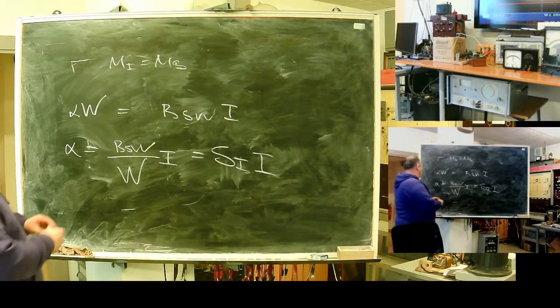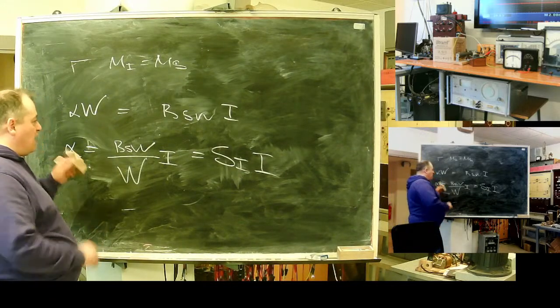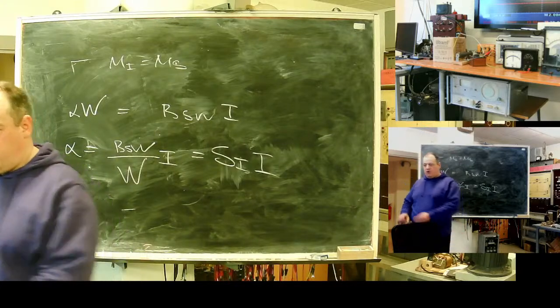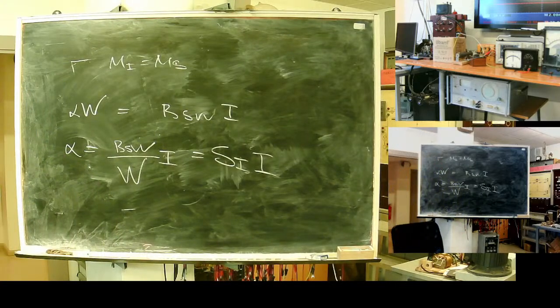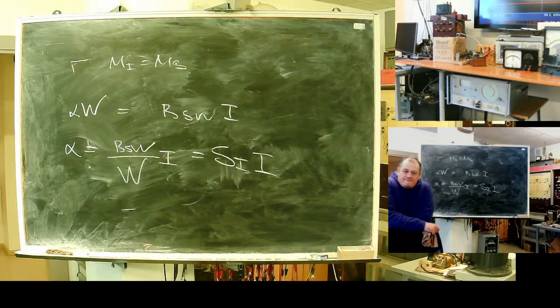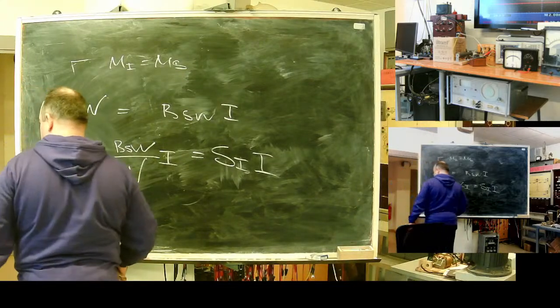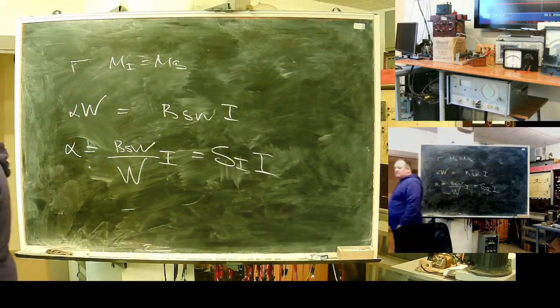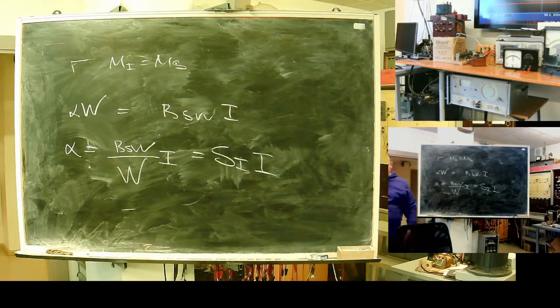Okay, what does this mean? I have a very nice formula. Angle is proportional to current. It's DC measurement. What will happen if I use non-DC, if I apply something non-stationary?